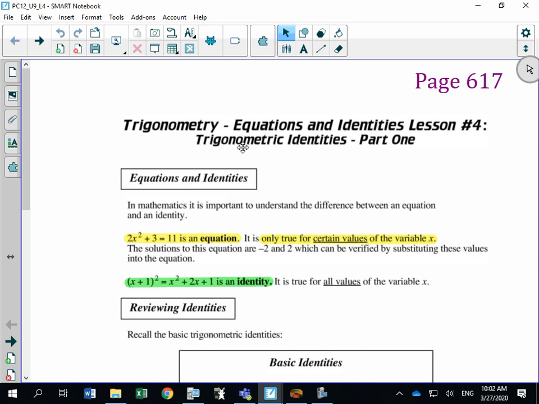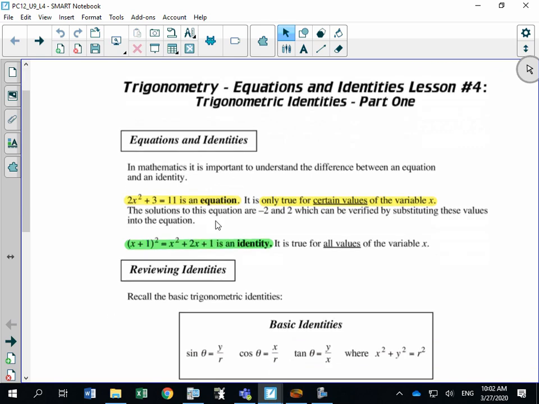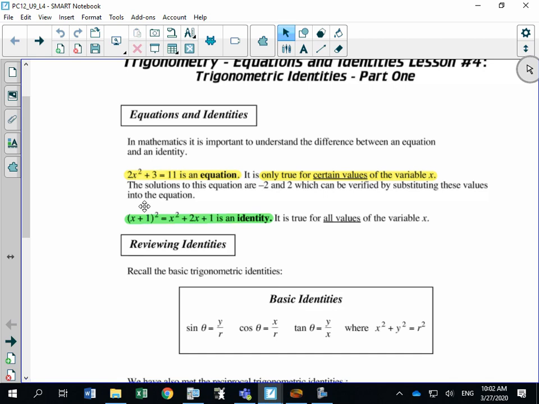So the first thing, we need to understand what's the difference between an equation and an identity. We're used to equations. We've done this a lot. So 2x squared plus 3 is equal to 11. That's an equation. Now, this is an equation that's only true for certain values of x.